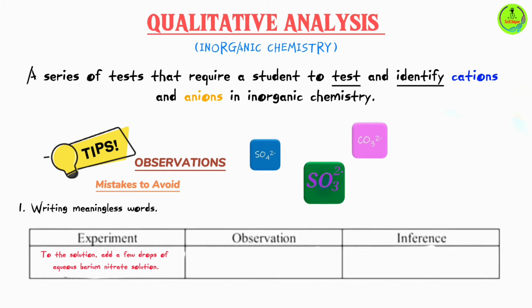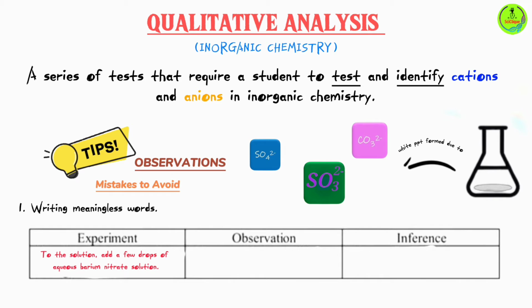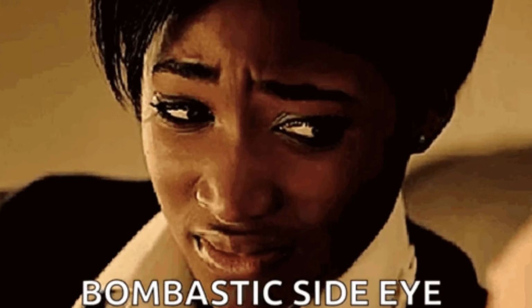The reason for this is that barium sulfate, barium sulfide, and barium carbonate are insoluble salts. So if they are formed, you're getting a precipitate, a white precipitate specifically. Before you do this test, you need to have all of this at the back of your mind, so that you don't end up with stories of not seeing any reaction or any observation.